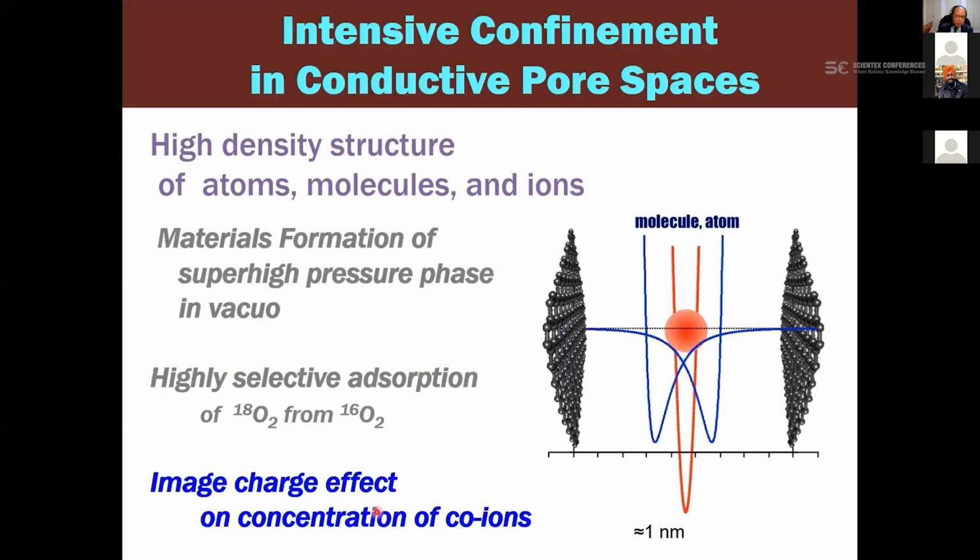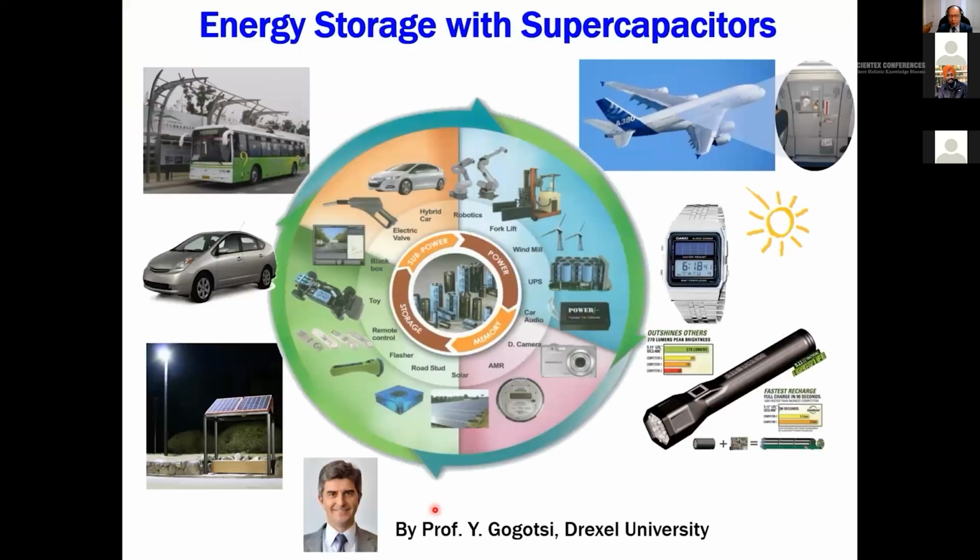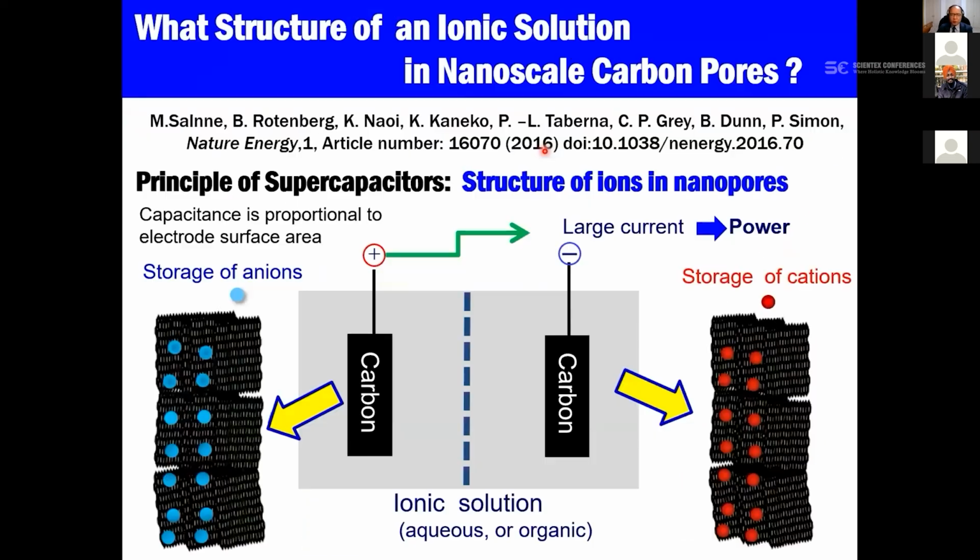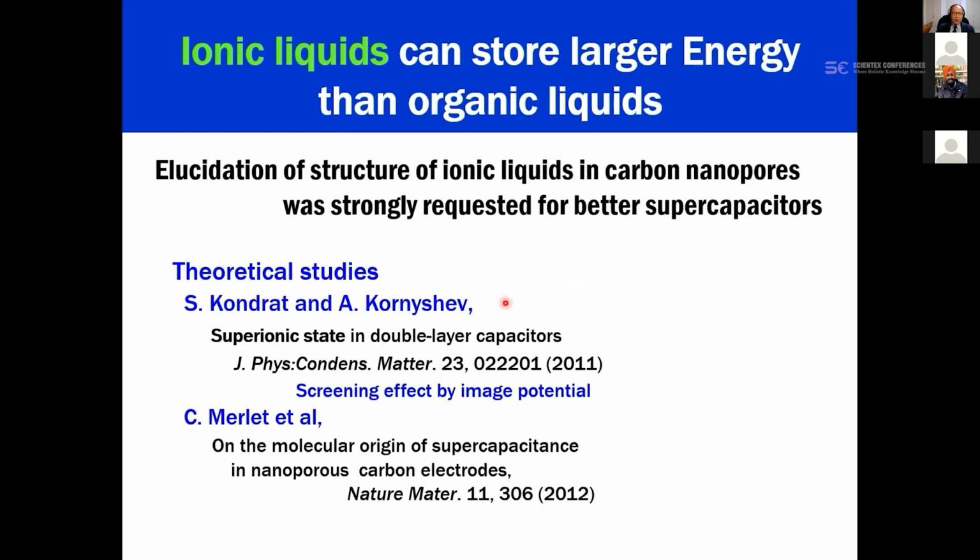So I want to move on to the last subject. The last subject is associated with supercapacitors. Supercapacitors use high surface area activated carbon, but the ions inside the carbon pores are not sufficiently understood. In particular, ionic liquids are very important for getting higher energy storage than organic liquid or aqueous ionic systems.